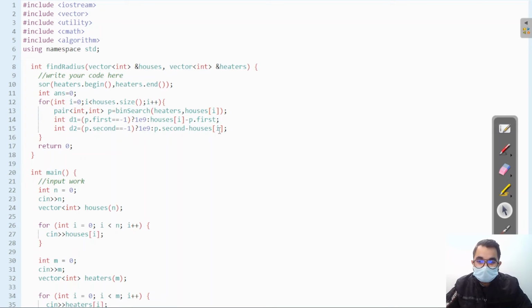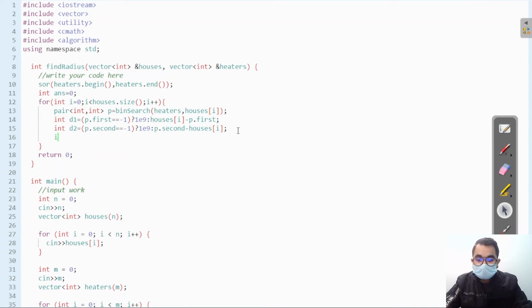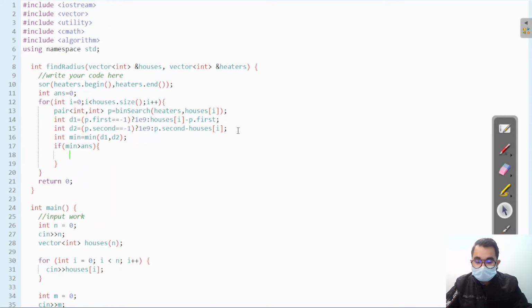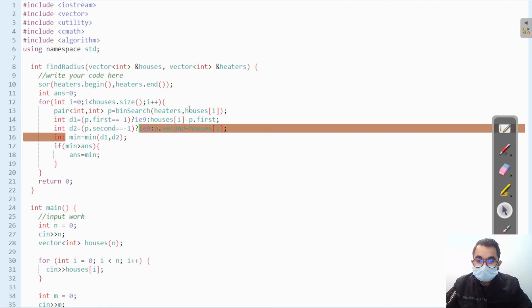Be sure to put this 1e9 if there is no alternative heater present for the left side or the right side. Right, now what we were doing, we were trying to find the heater which is taking the minimum radius for this house. So minimum, min of d1 comma d2, and if this minimum distance is more than the answer distance, replace the answer distance with the minimum distance that I have discovered here for the house.